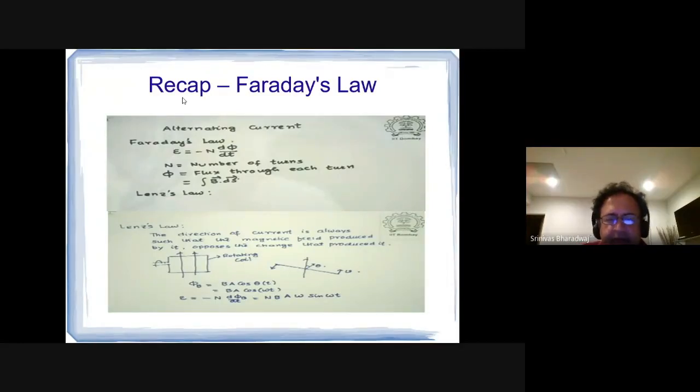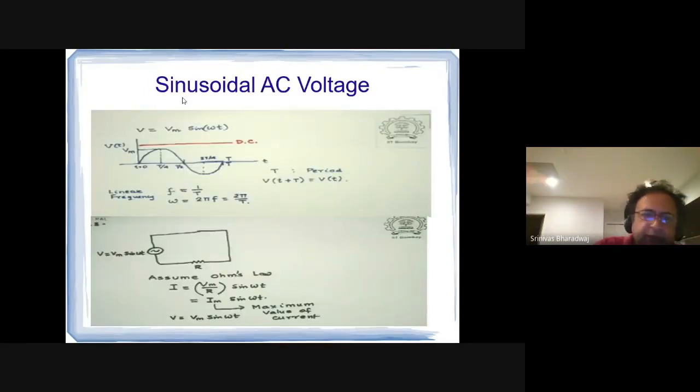Faraday's law states that when there is a time varying magnetic flux, there is an induced EMF, and that induced EMF is in the opposite direction, and it tends to oppose the change in the flux. Having explained that, we then introduce the kind of source that is generated by an AC circuit.